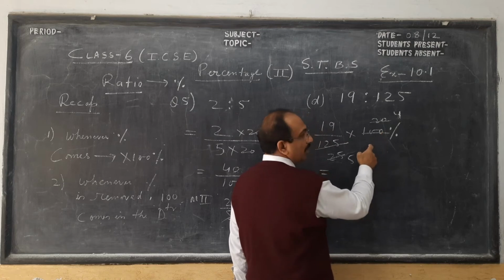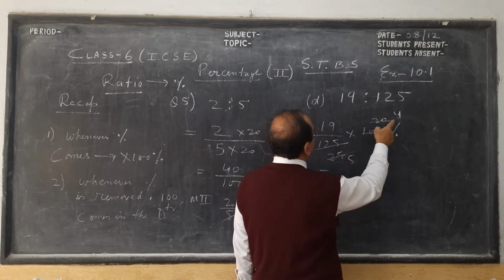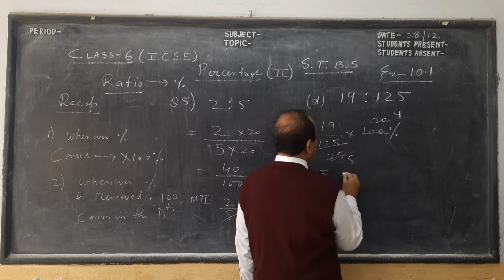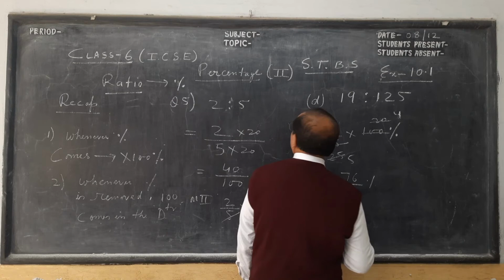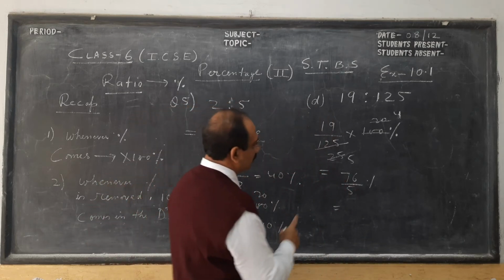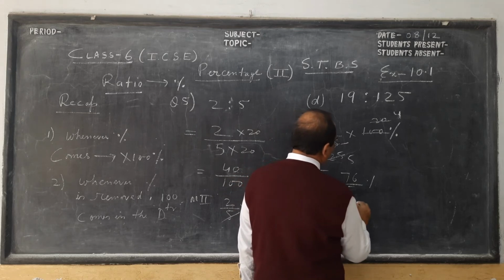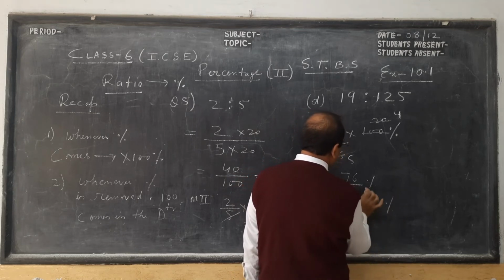Ultimately you will get 4 by 5, since 25 fours are 100 and 25 fives are 125. So this we get, children, as 19 fours are 76 by 5%.